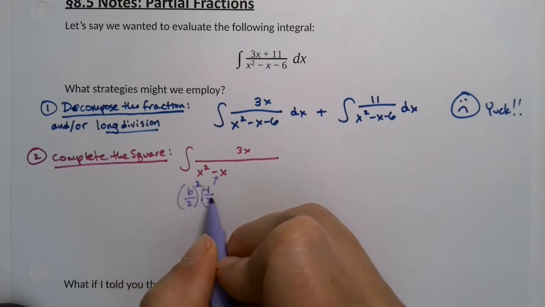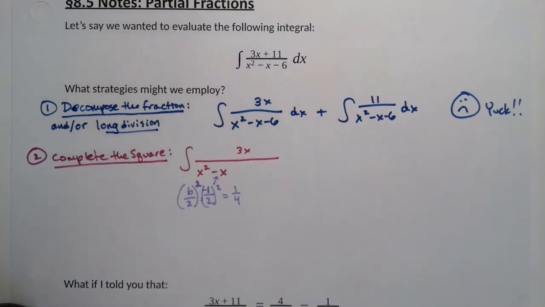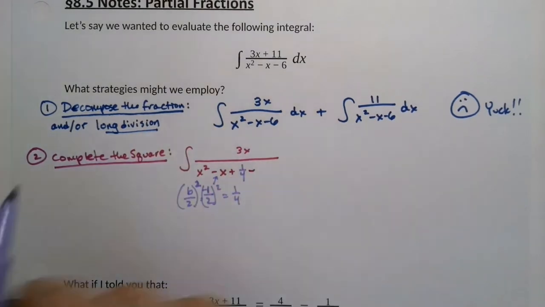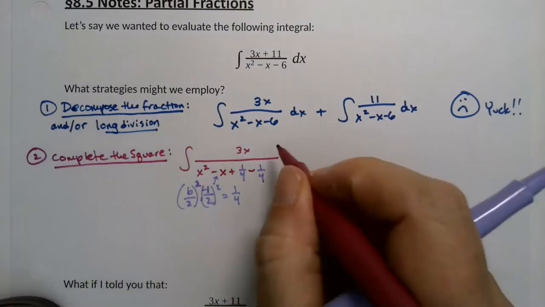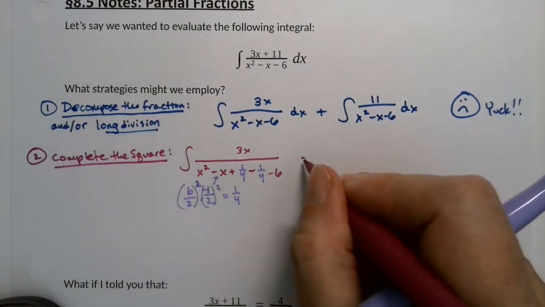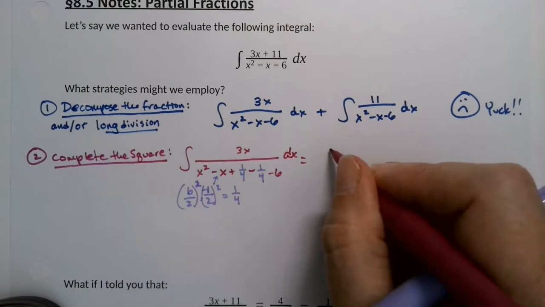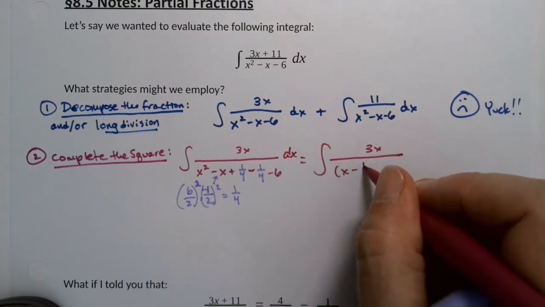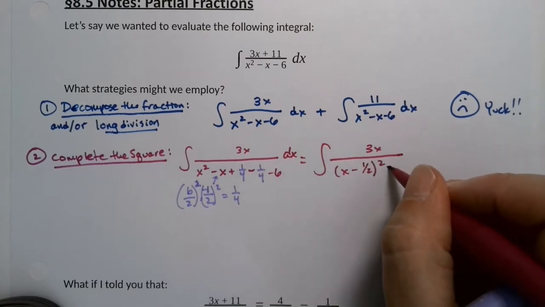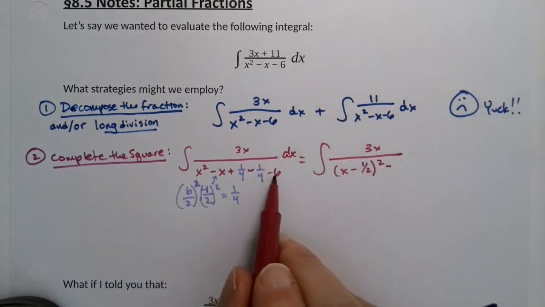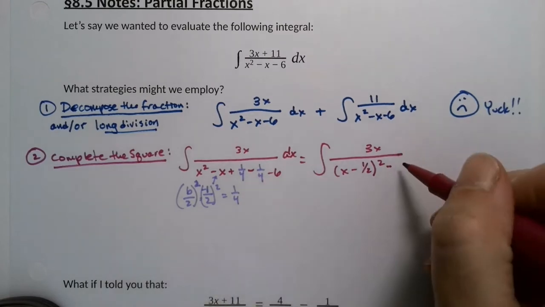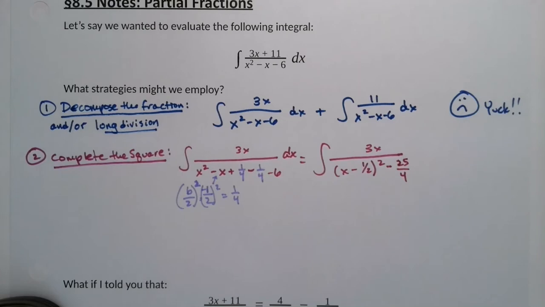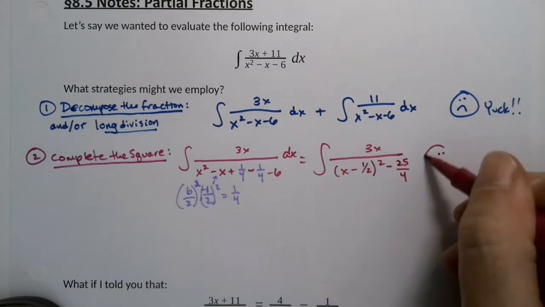So negative 1/2 squared, which would be 1/4. Then you would add 1/4, then take away 1/4, and you have your minus 6 still sitting there, which would be the integral of 3x over x minus 1/2 squared minus 24 over 4 minus 1 more over 4, which makes negative 25 over 4. Even worse, right? This is awful, right?